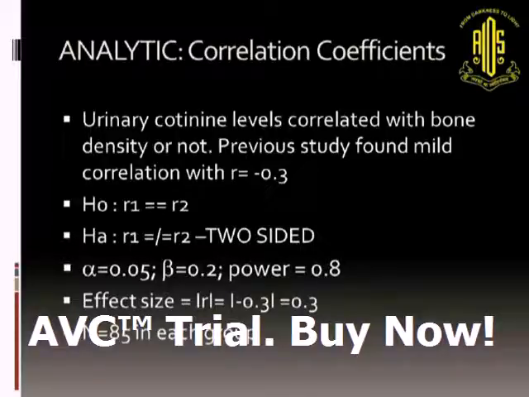Just a word of caution when you're using correlation coefficients. You'll often come across a situation where it says the value is minus something. In that case, you need to use the modulus or the absolute value of that R. For example, if R was minus 0.3, there is no nomogram which will give you minus 0.3.